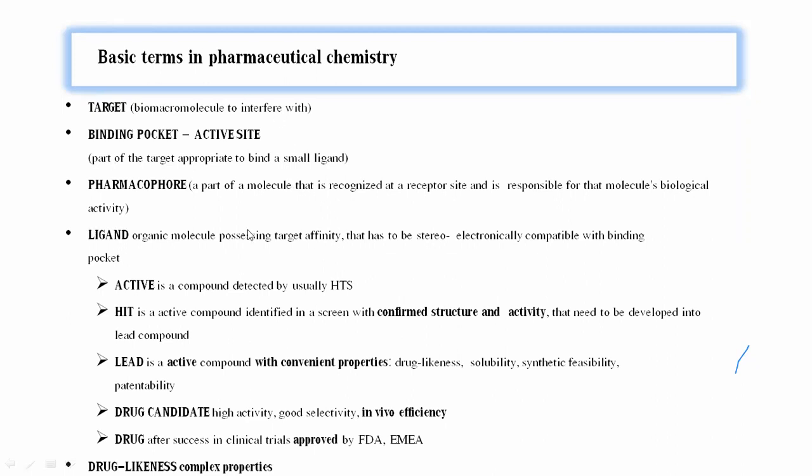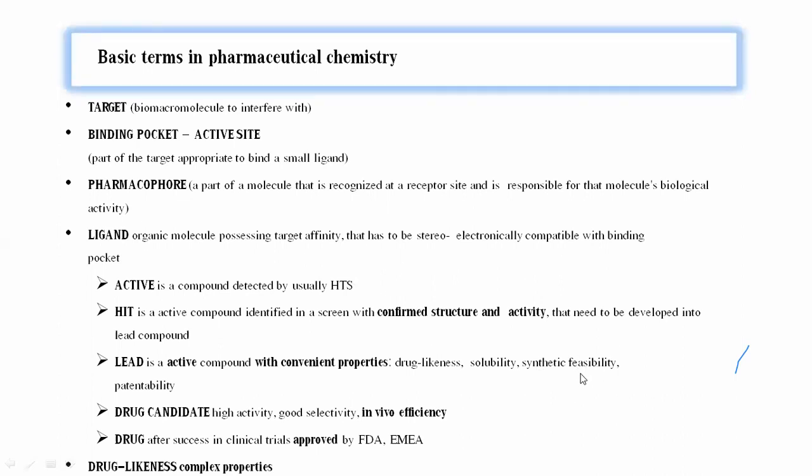The molecule which has all these properties is known as a lead compound, an active compound with convenient properties, that is drug likeness, solubility in water or our gastric mucosa, and synthetic feasibility.